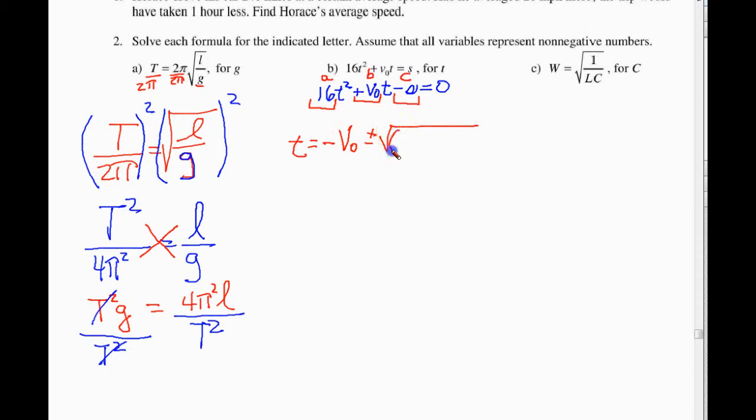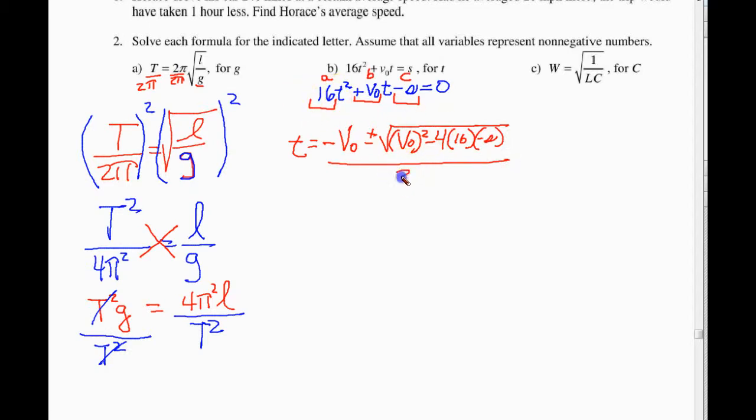Well, we have to put this in parentheses, v sub o squared, minus 4, which is in the formula, a, which is 16, and c, which is a negative s, all over 2a.